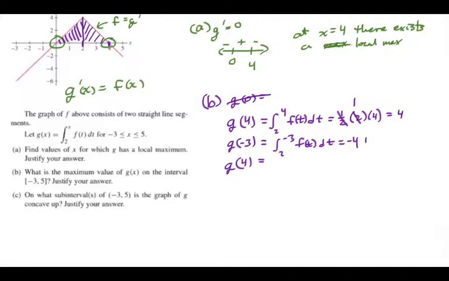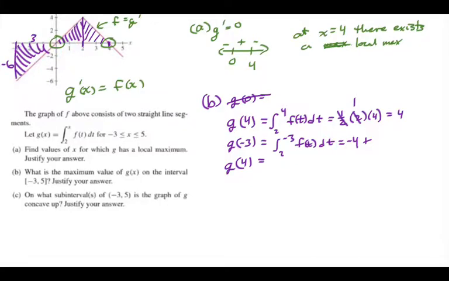Then I'm going to add to that the area between the x-axis and this curve. This guy right here has a base of 3 and a height of -6. Now this should be positive when we're done because we're going from right to left.